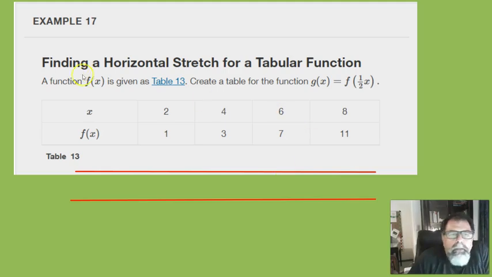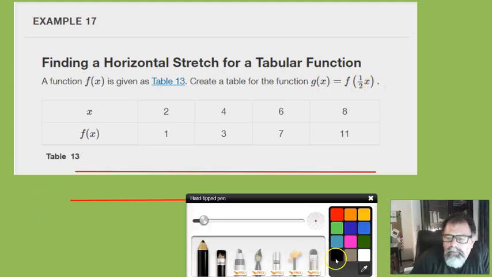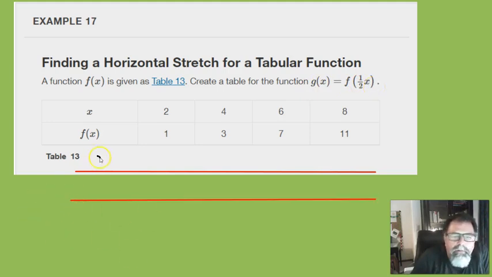Okay, so again, finding a horizontal stretch for a tabular function. A function f of x is given in the table. Create a table for the function g of x, which equals f of 1/2 of x. And remember, if you want to use terminology that I do, I'm saying 1/2 is acting on the x.